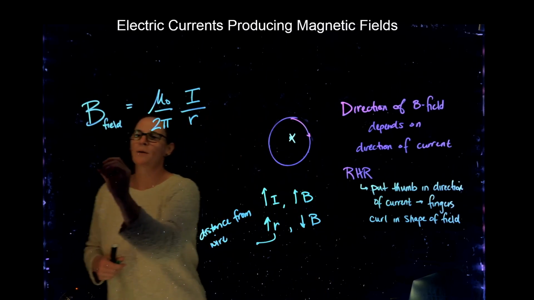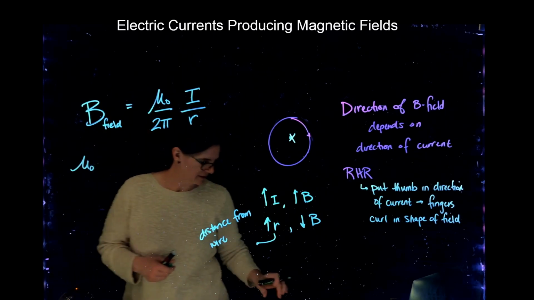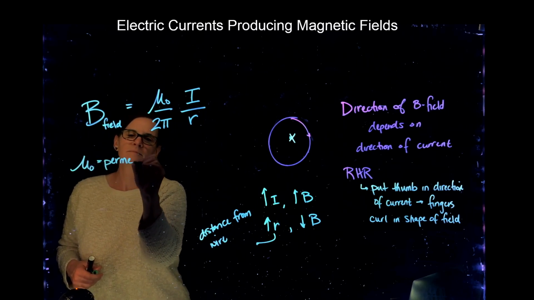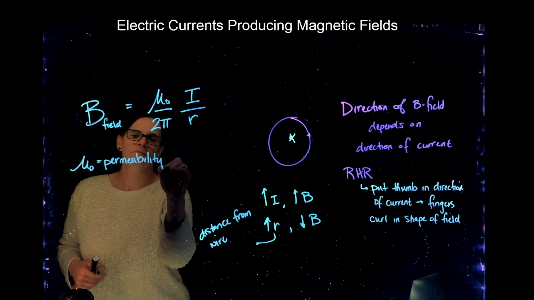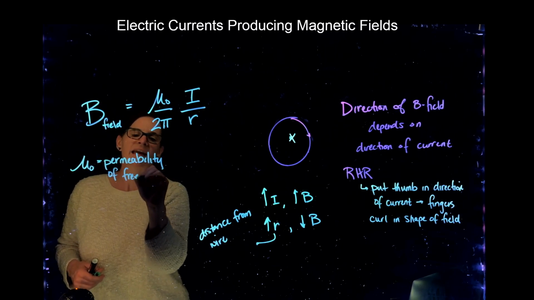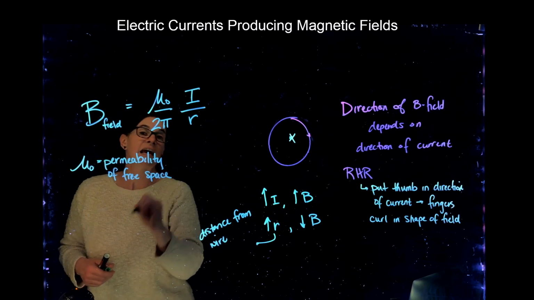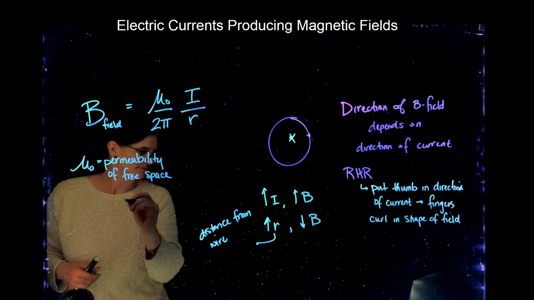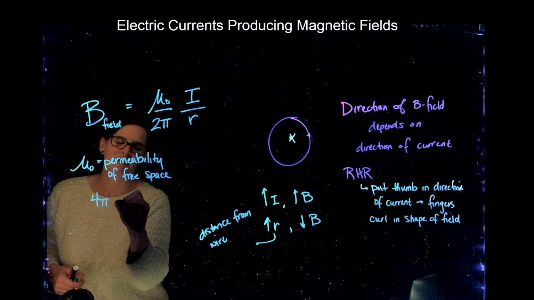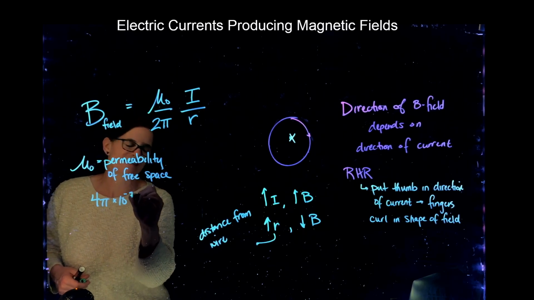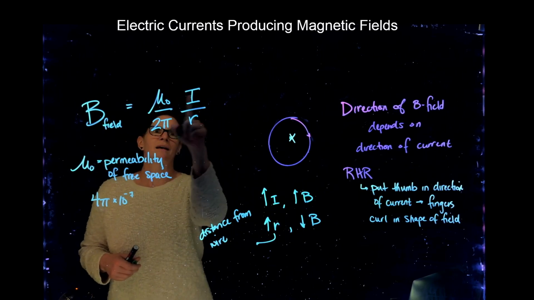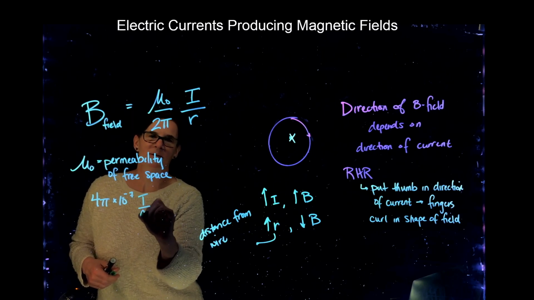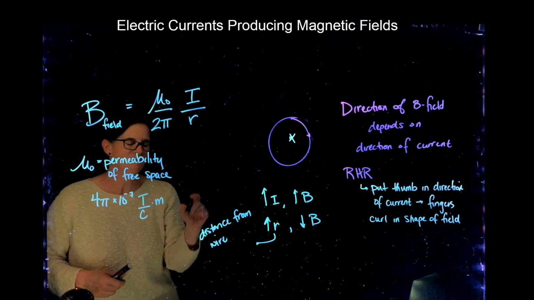Now mu naught is what we call the permeability of free space. And it has a magnitude of 4 pi times 10 to the minus 7 Tesla meters per ampere. Sorry, I said per coulomb, but that should be Tesla meters per ampere.